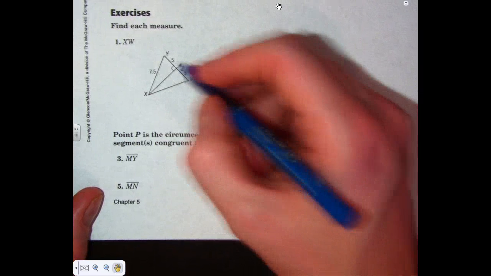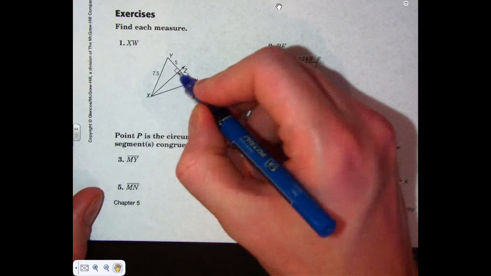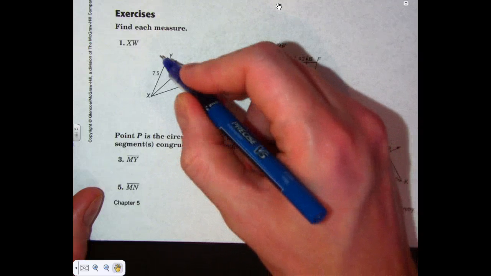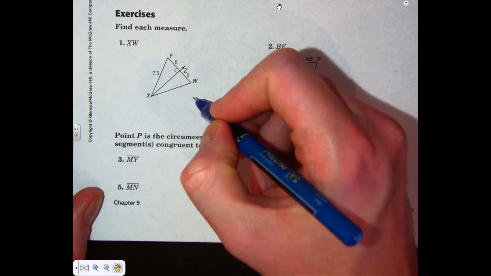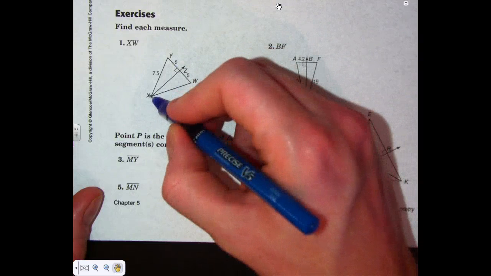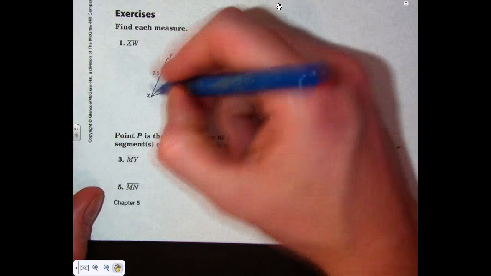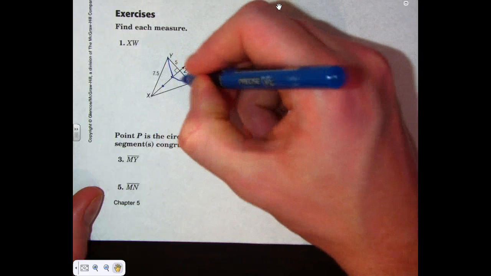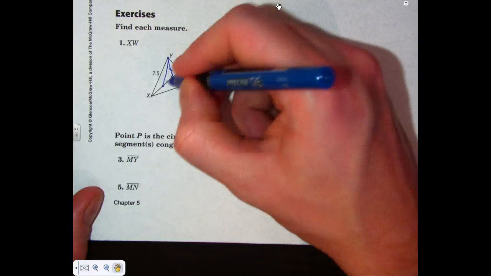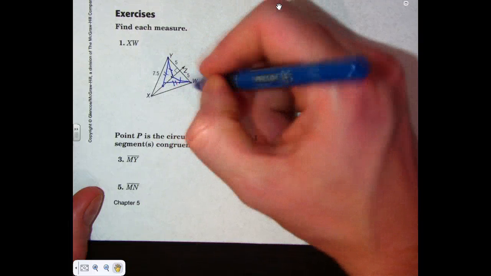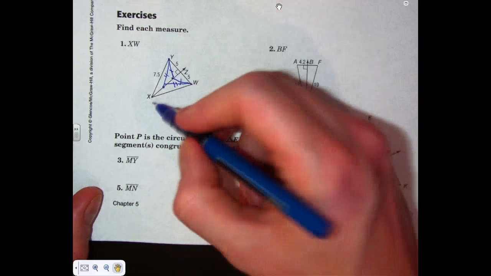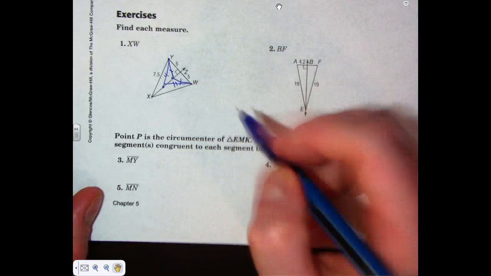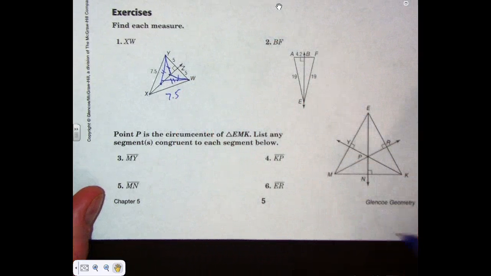So that means this segment XZ is the perpendicular bisector of WY. Meaning, any point on that, I could have this point here, this point down here, they're the same distance from the endpoints, which means X is the same distance to Y as it is to W, so XW is 7.5.